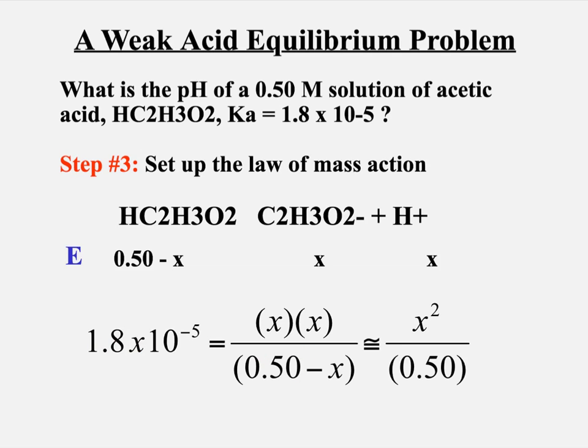And remember, K is given for certain compounds, like this one. K is given, so you can look it up or I'll give it to you. You know that you're going to have 2 parts, X and X. So you're almost always going to have X squared on the top here. And you're almost always going to have whatever your starting concentration is on the bottom.